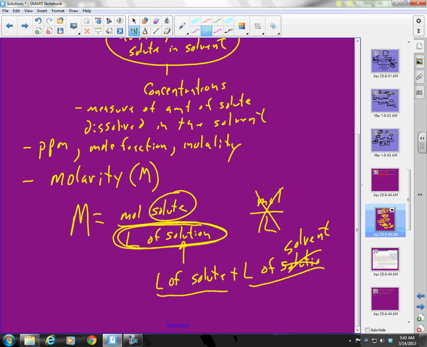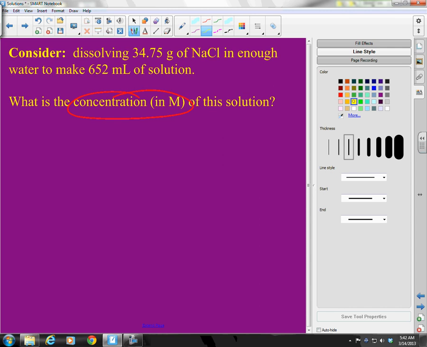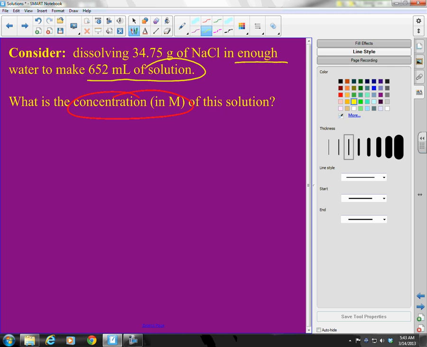Well, let's try a problem. All right, I have 34.75 grams of sodium chloride, and I have enough water to make 652 milliliters of solution. They tell us how much volume of solution I have.